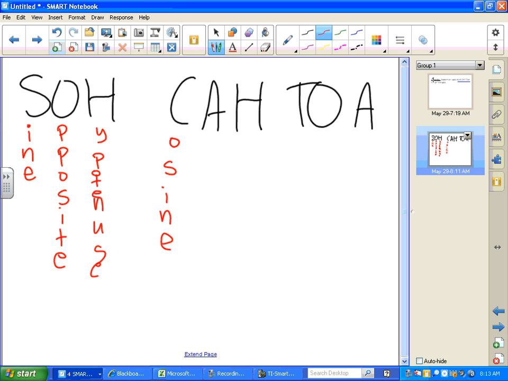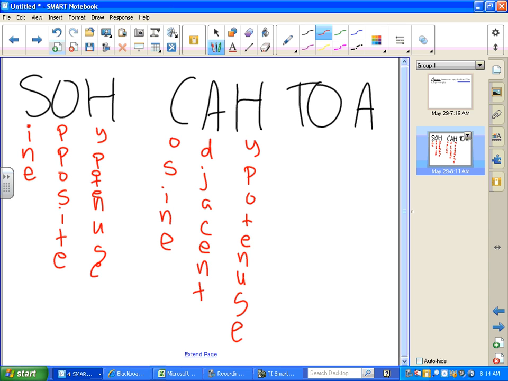Okay, the next one. So sine is always opposite over hypotenuse. CAH means cosine. Cosine is always adjacent over hypotenuse. There we go. I got the spelling right this time. So adjacent is the side right next to it, and I'll show you what that looks like. So cosine is adjacent over hypotenuse.